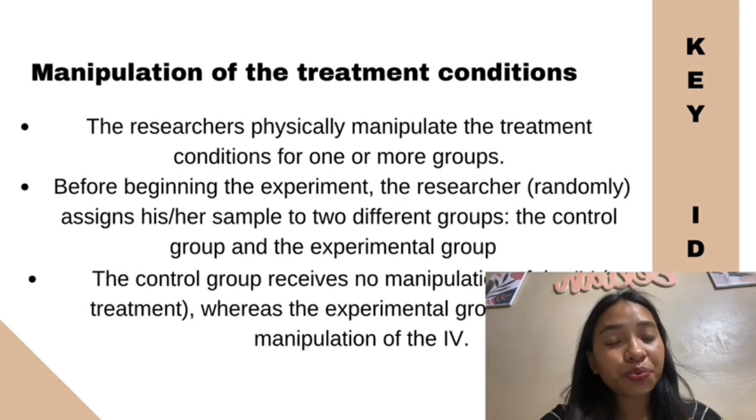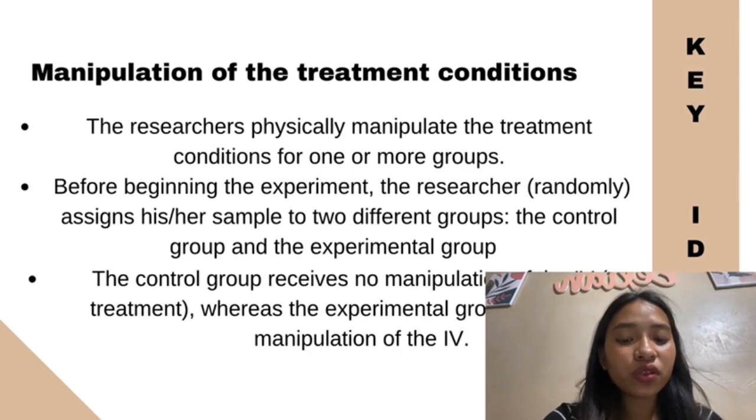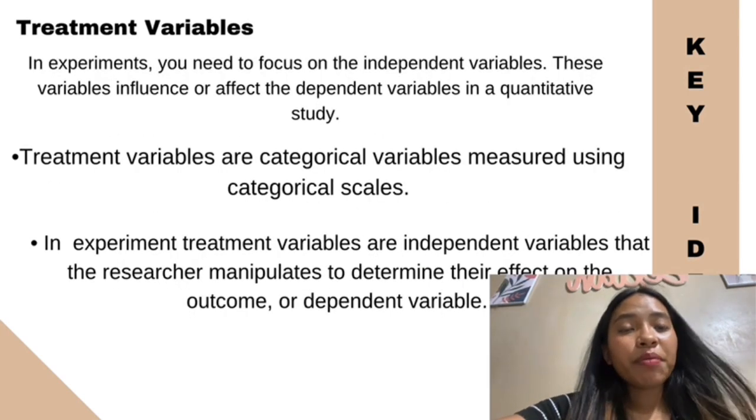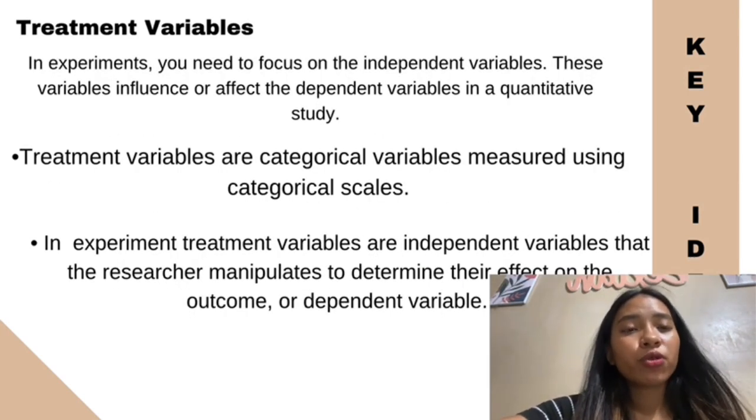Manipulation of the treatment conditions: the researcher physically manipulates the treatment condition for one or more groups. The control group receives no manipulation of the independent variable, whereas the experimental group receives the manipulation of the independent variable. Now, treatment variables. Treatment variables are also called independent variables.